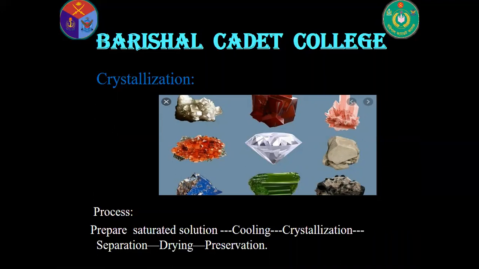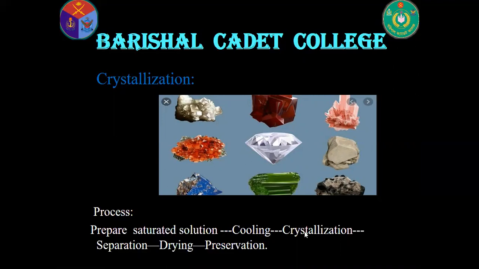After that, we cool the solution, and the saturated solution after cooling forms a supersaturated solution. Then the supersaturated solution forms crystals and a saturated solution. The crystal is a solid structure with a definite geometrical figure.